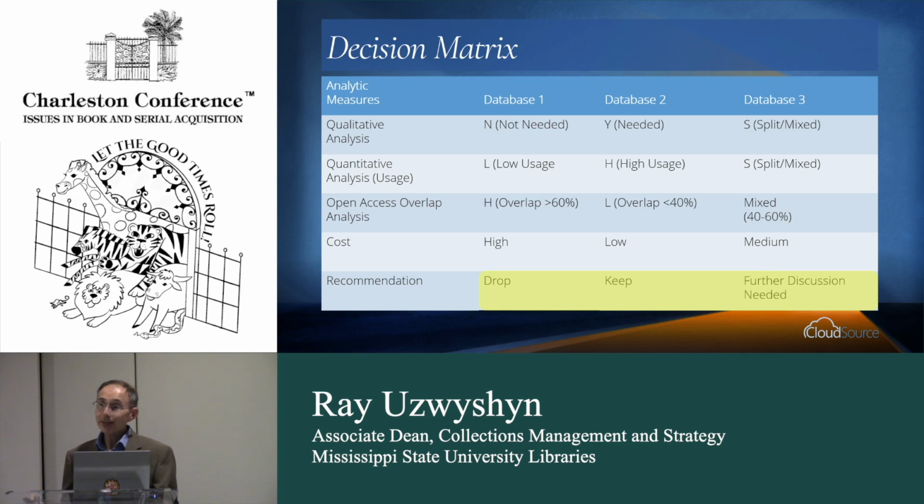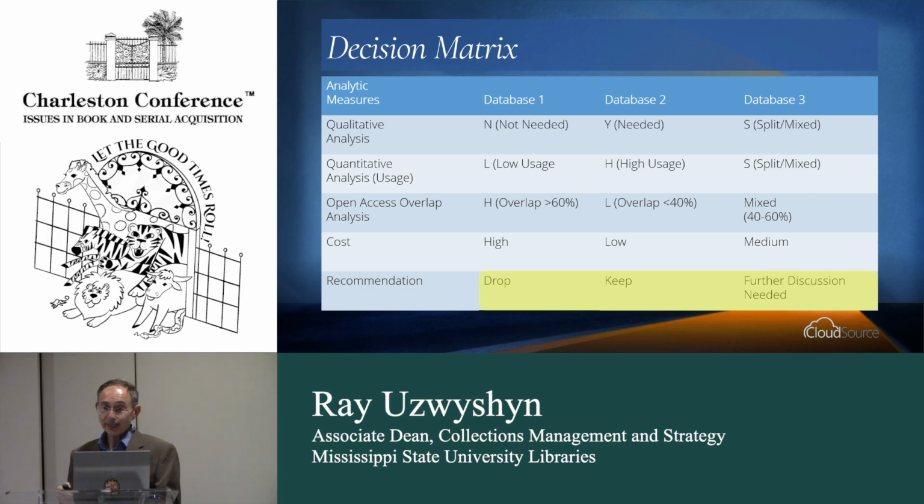So this would be one that you would want to keep. Now I'm pointing these out because these are very easy decisions to make. If you're purchasing something like Mississippi State or Texas State, where some universities have over 600 databases that they're purchasing, this becomes very helpful as a methodology to use.